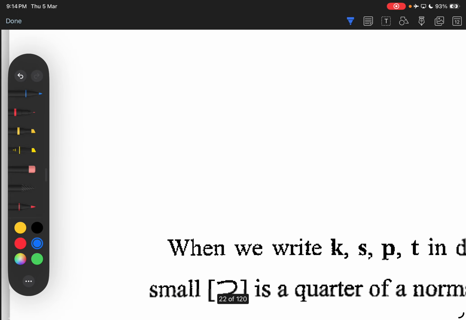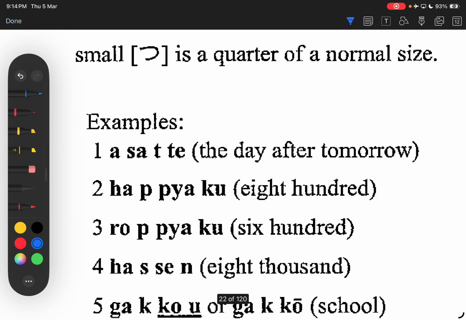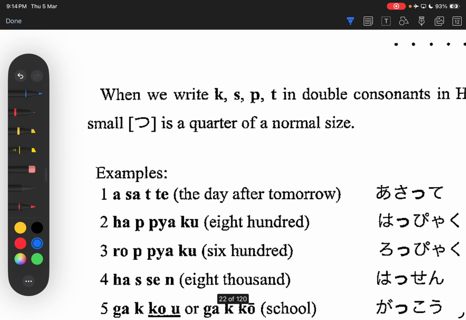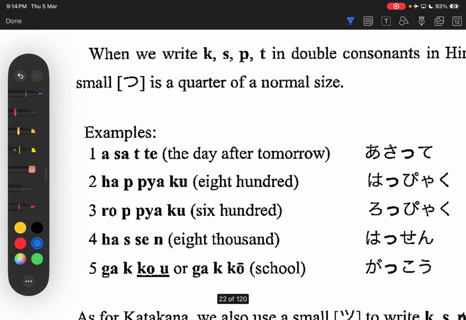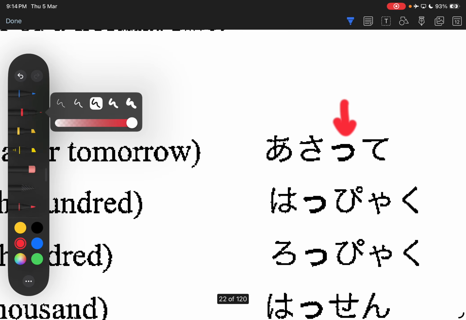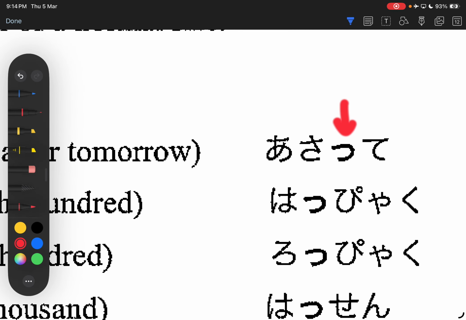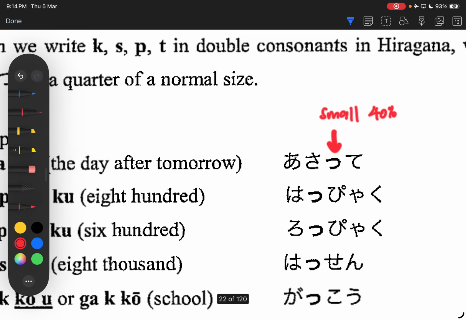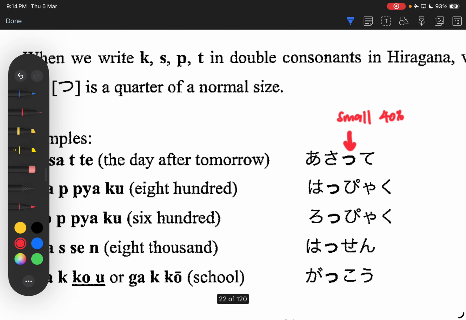Okay, so let's go back to the top. How do we use it in Hiragana? You can see on the right hand side there is a tsu character. This tsu character is a small one. We will write it at 40% to 50% size. When you see a small tsu, naturally you know that it will be a double consonant sound.